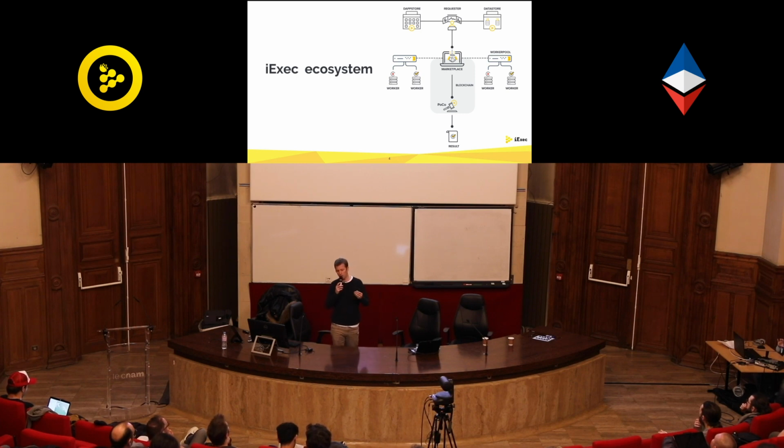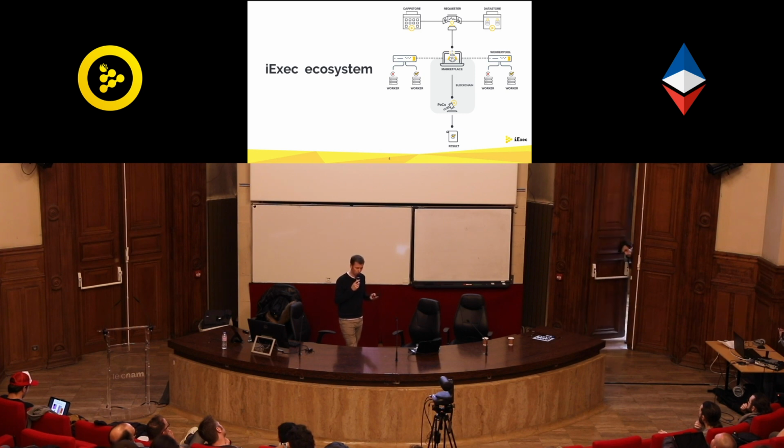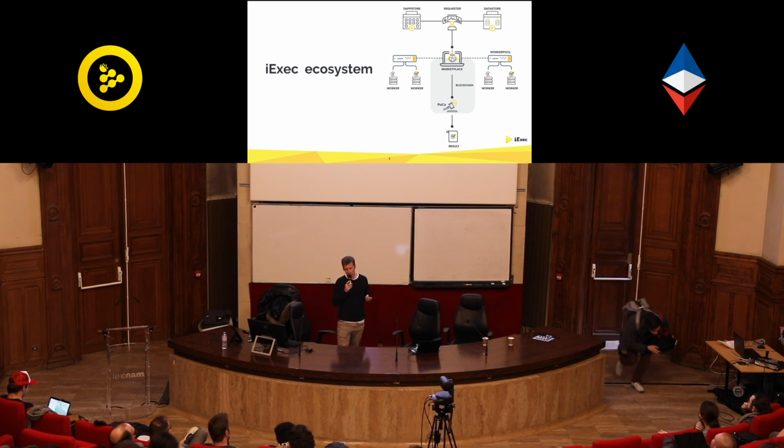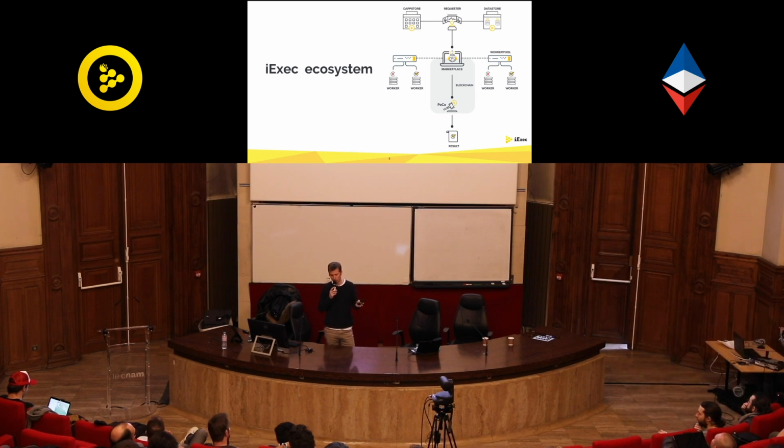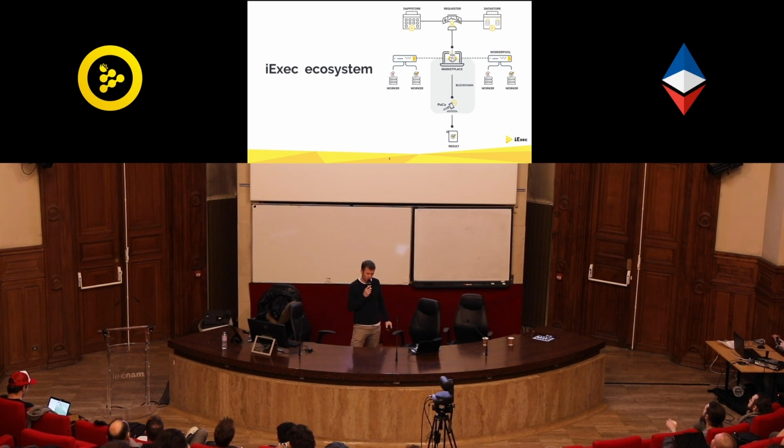And then the blockchain is also used when the deal is done. It triggers execution, off-chain compute. And so we have what we call the PoCo. It's basically a Merkle transaction that proves that the execution is correct. And so you have a trust of the result thanks to this protocol.